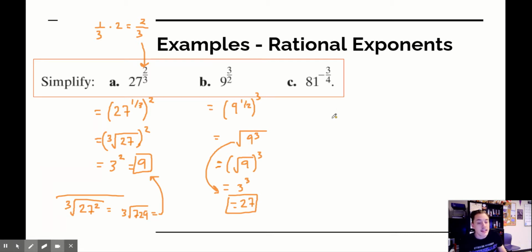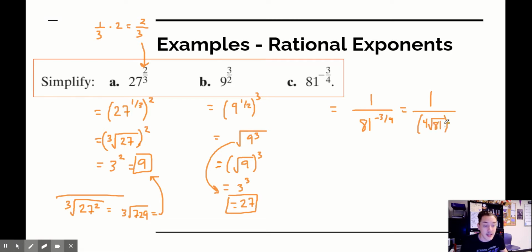Now, I'm going to stick to one consistent way here. This is going to be 1 all over 81 to the 3/4, and this is 1 all over the fourth root of 81. So that means I'm going to take it like this: the fourth root of 81.